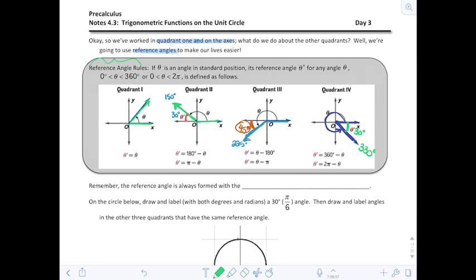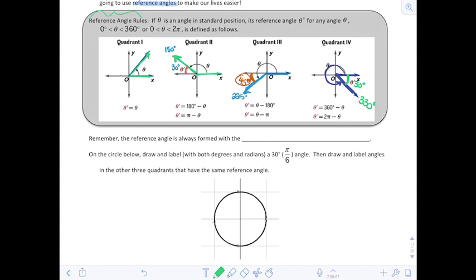Okay, so as we work with reference angles more, and as we label the ordered pairs on the unit circle, that's going to make more sense. So if you're feeling a little fuzzy on this right now and wondering what we are going to do with these, just stay hooked. It's all going to come together.